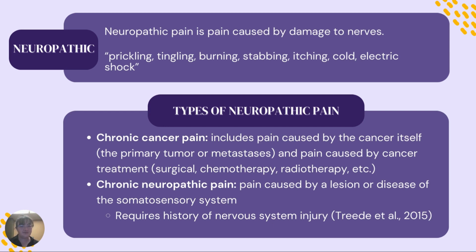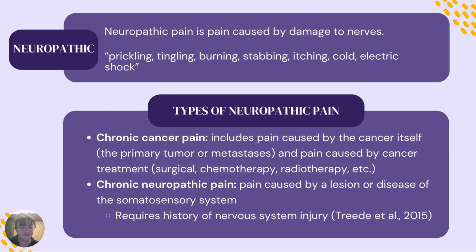Where nociceptive pain is damage to either joints, bones, muscles, or those other body structures, neuropathic pain is specifically caused by damage to nerves in the nervous system. Someone with neuropathic pain may describe their sensations as either prickling, pins and needles, burning, itching can be another common term, or electric shock. Kind of like zapping or shooting pain can also be commonly reported.